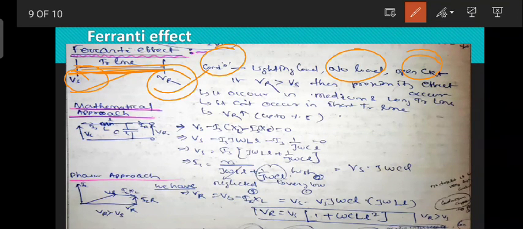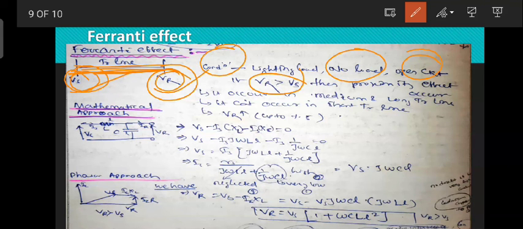If there is open circuit and no load, then our VR, that is the receiving end voltage, will be greater than the sending end voltage. So if there is a closed circuit or loaded circuit, then the Ferranti effect does not occur. And in this no load and open circuit operation, there is a Ferranti effect.